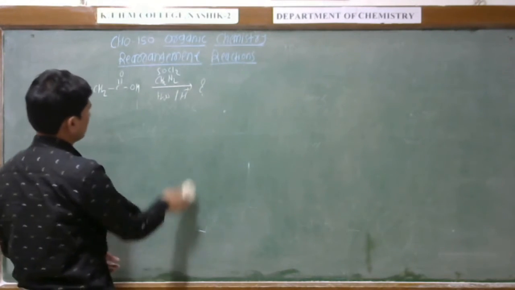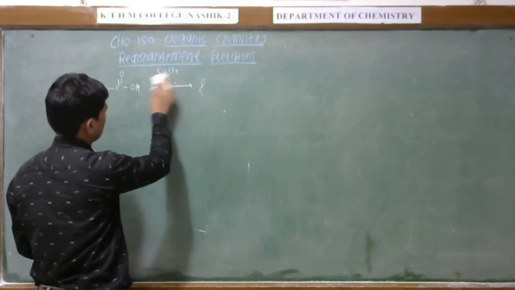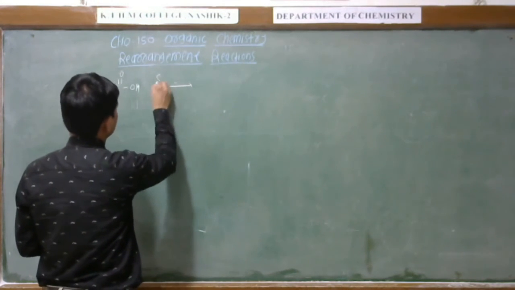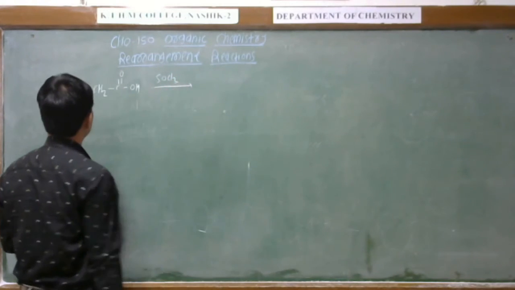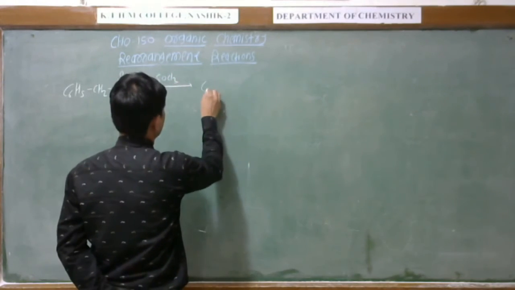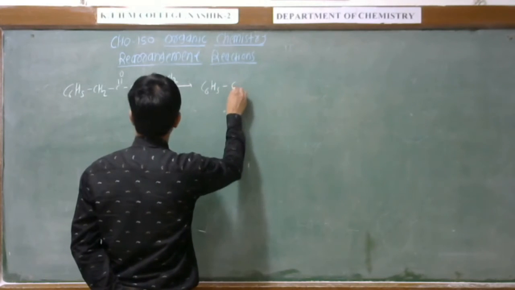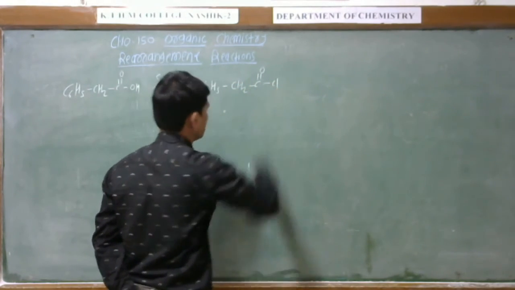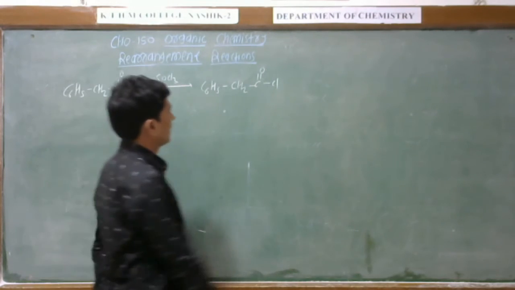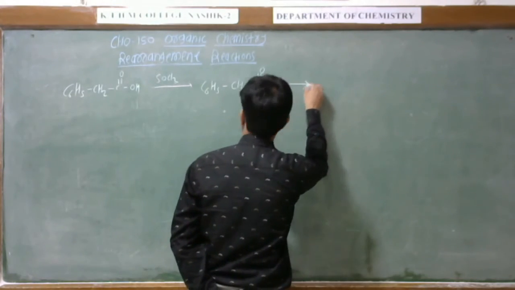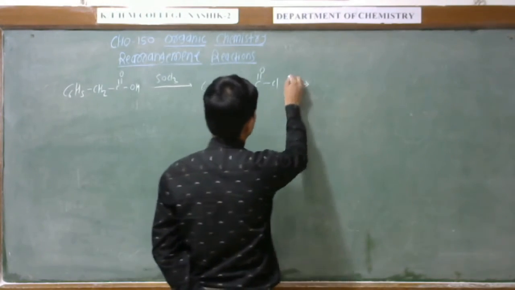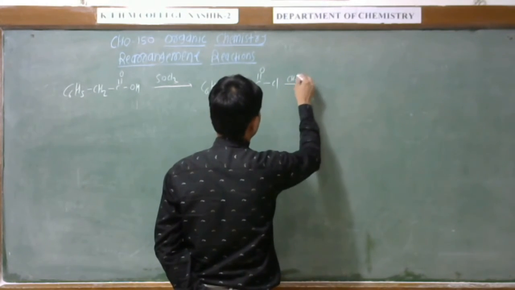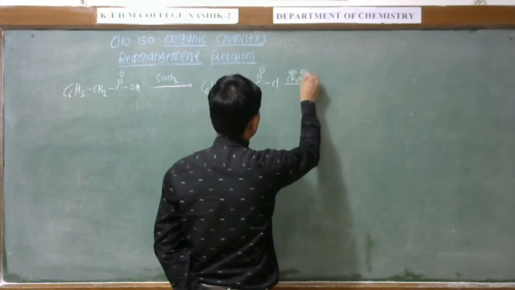First, we take the reagents one by one. When this acid reacts with thionyl chloride, you know that this acid will convert into the acyl chloride. And this acyl chloride will now react with diazomethane CH2N2, which has a negative and a positive charge on the N2.